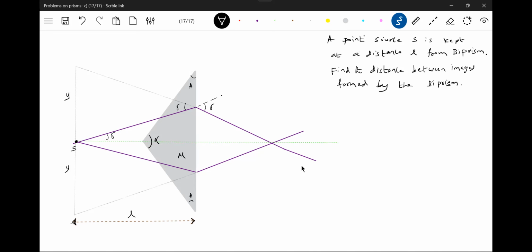Angle of prism will be 90 degrees, so alpha by 2 plus 90 plus A equal to 180. Or write pi by 2, this will be pi. So the angle of prism will be pi minus alpha by 2. This is the expression for angle of prism. The deviation suffered by the ray should be equal to mu minus 1 into A, so this will be mu minus 1 into pi minus alpha by 2.